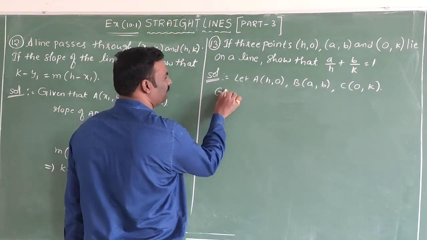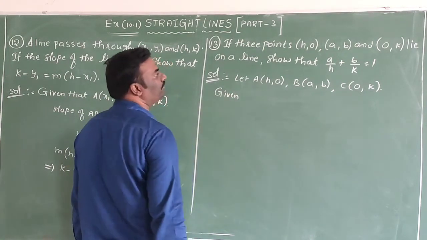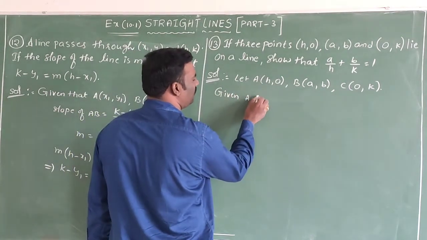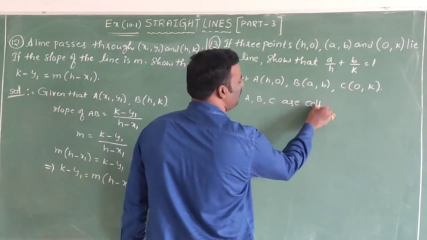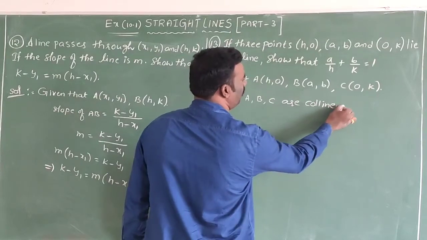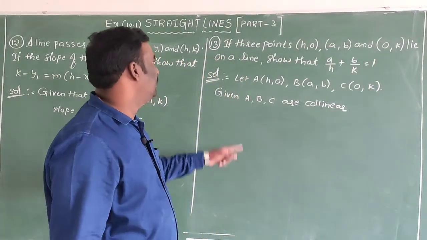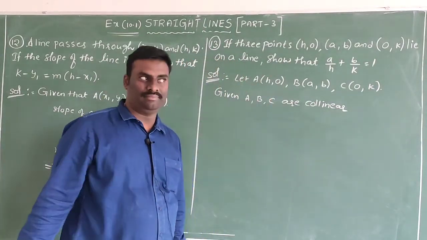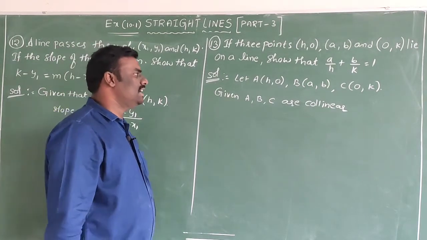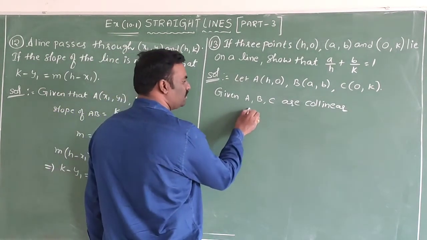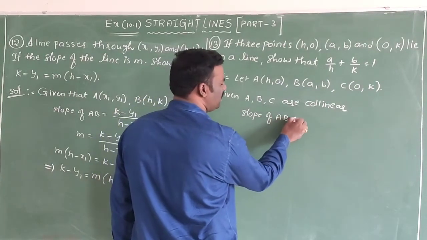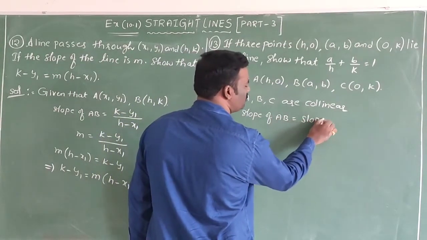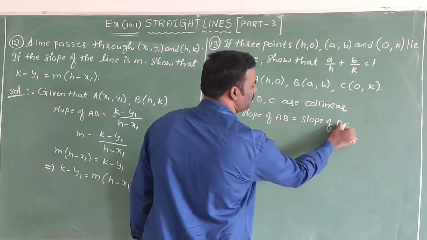Given A, B, C are collinear. Why collinear? Because they lie on the same line. Now what is the condition for collinearity? Slope of AB is equal to slope of BC.